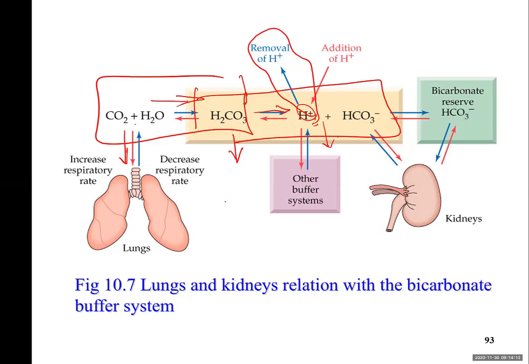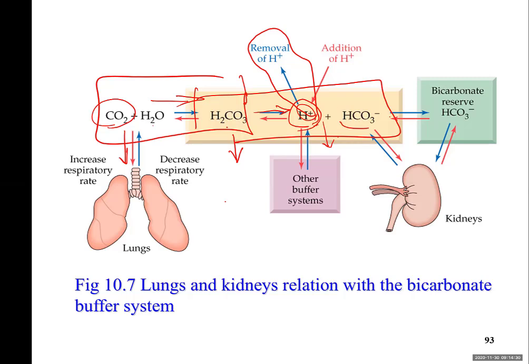So part of the CO2 coming from the lungs would be increased. This CO2 reacts with water to make H2CO3 to replace the lost H plus, which is the result of any alkaline solution, any basic solution coming into our blood.